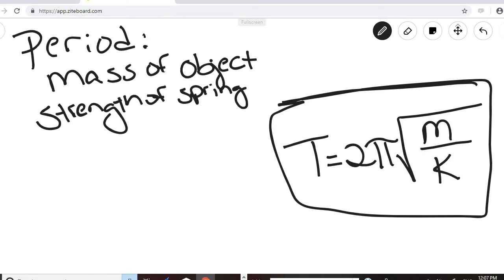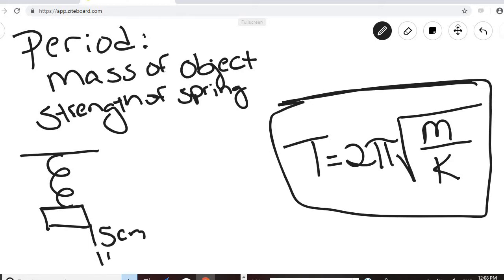And that's what we talked about previously: if you have a spring with a mass on it, and you pull this thing down 5 centimeters or 10 centimeters or 20 centimeters, the period with which this spring will go up and down does not depend on the amplitude. It doesn't depend on how far you pull it down. It depends only on the mass and the strength of the spring.